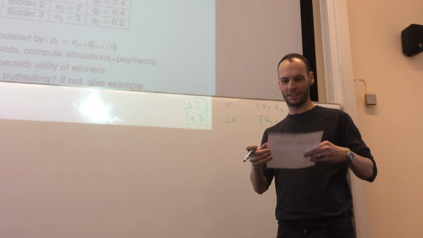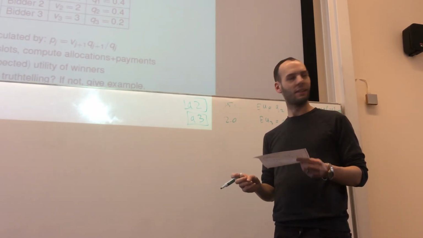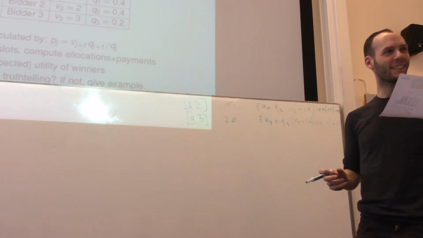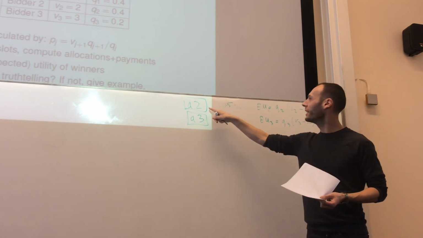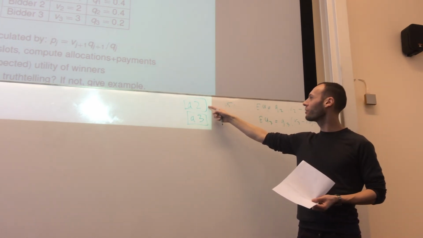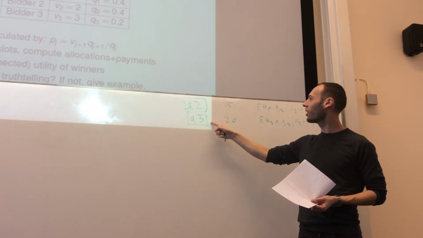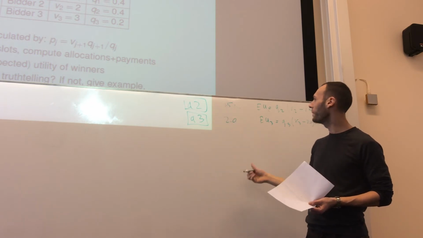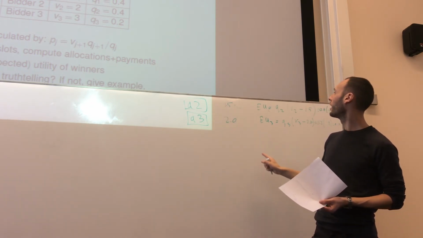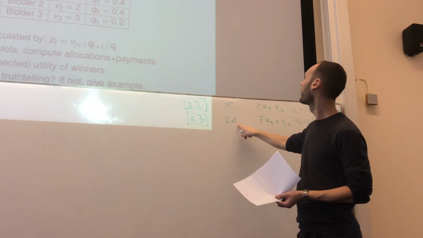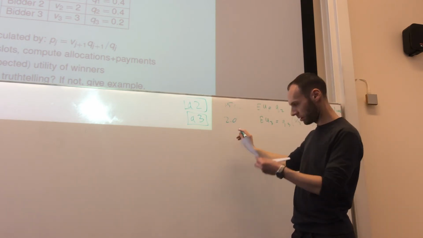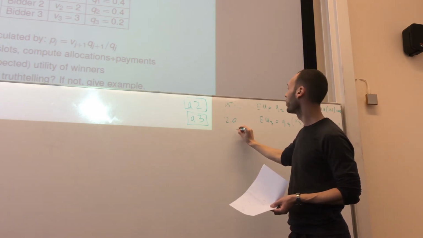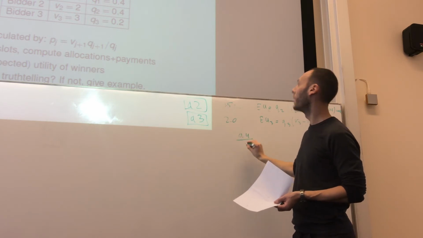Yes, exactly. So if we move agent 2 to the second slot, his payment is not going to be 2, so you have to recalculate his payment. It's going to be 0.4 divided by 0.4.